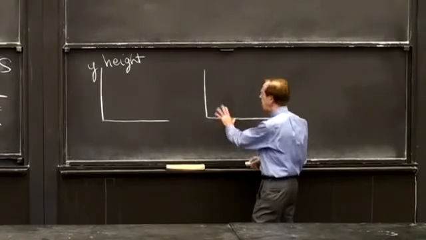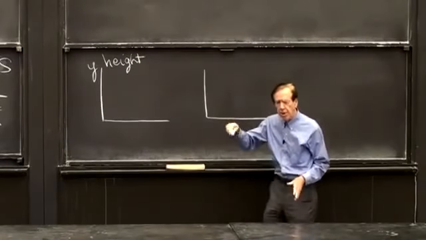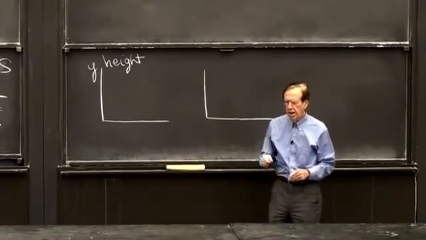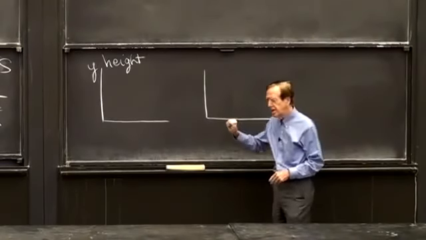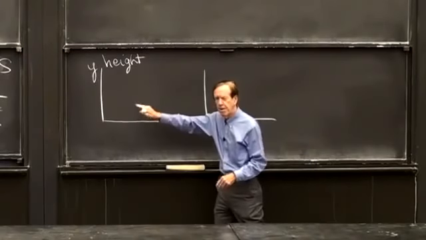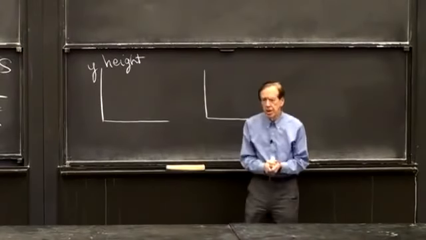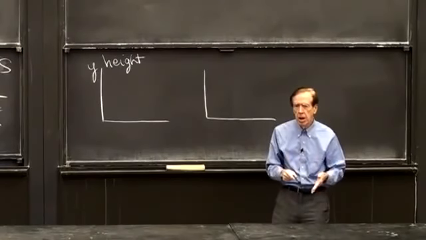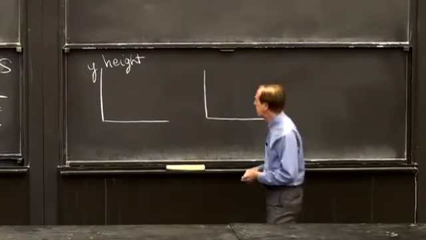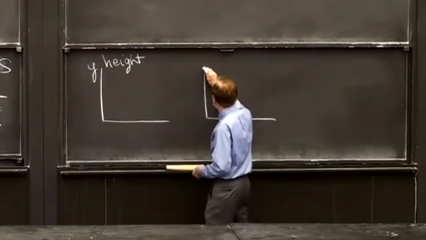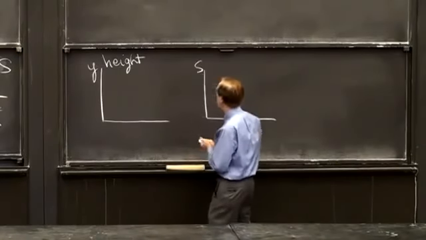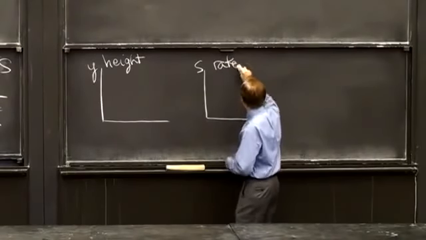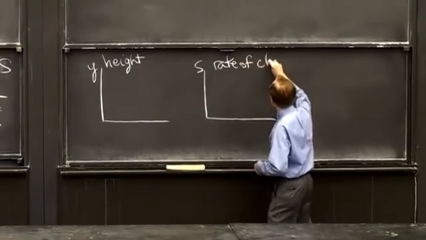And what is this going to be? What is function 2? Well, slope doesn't seem quite right. The point about function 2 is it tells how fast function 1 changes. It's the rate of change of the height. So let me call it s, and it'll be the rate of change. Good if I use those words.